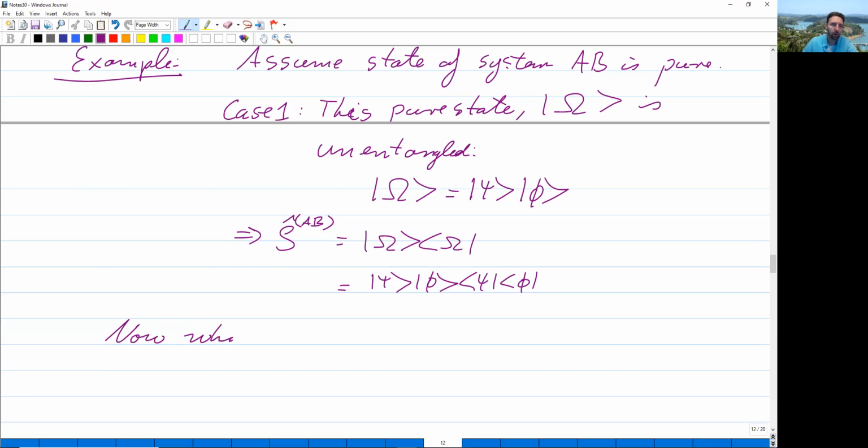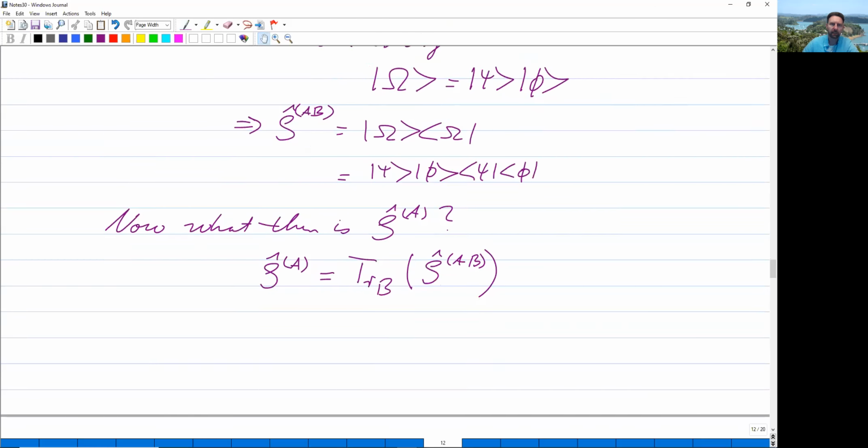Now, what then is rho hat A? Well, rho hat A, the density matrix of subsystem A, is, by what we just calculated, the trace over subsystem B of rho hat AB. So what is it? Let's see.